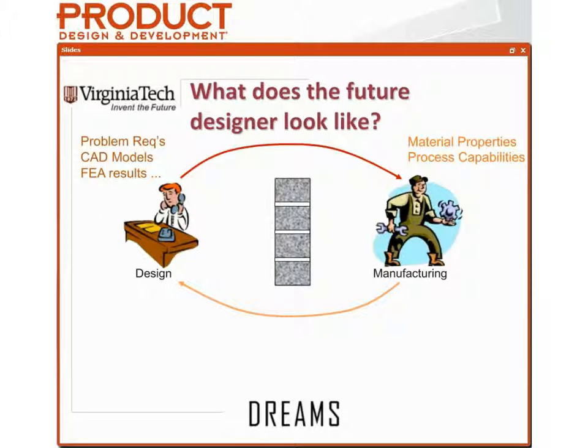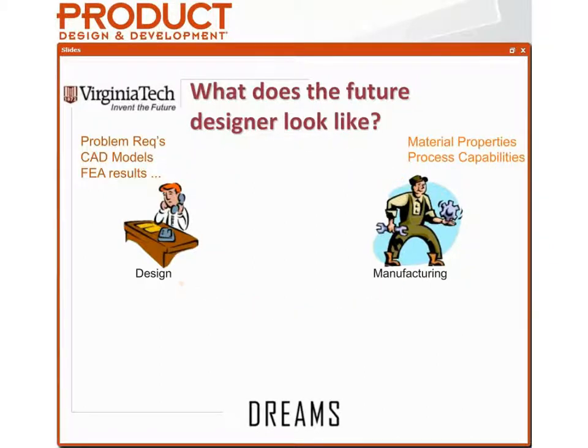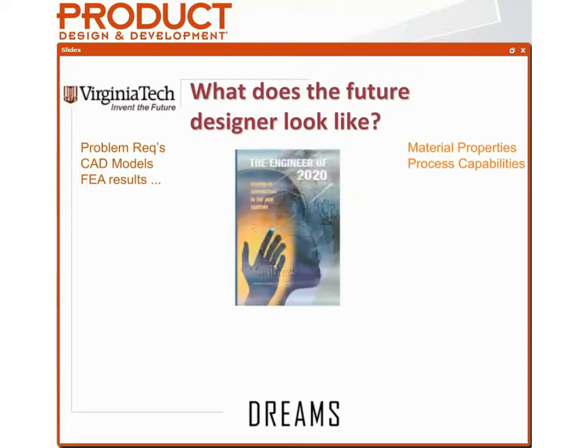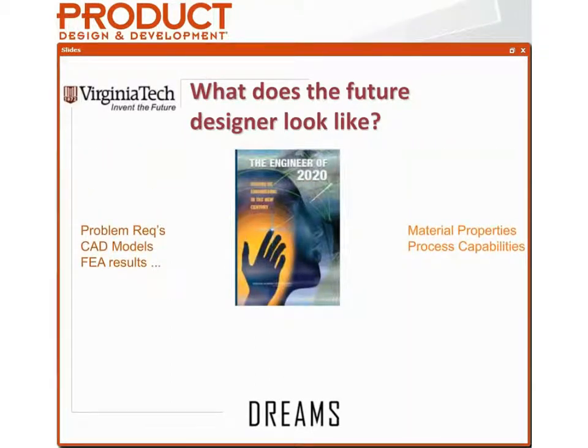Now, these are the old days, admittedly. And so what we do now is what we call concurrent engineering, where we set our designer next door to our manufacturer, and they still do this iterative cycle, but perhaps a bit quicker, and hopefully concurrently. But that's not really what we think the future designer will look like. What we really want to do is create a new engineer, one that is both the designer and the manufacturer, an engineer that is able to frame and model problems within the context of what is possible with manufacturing.